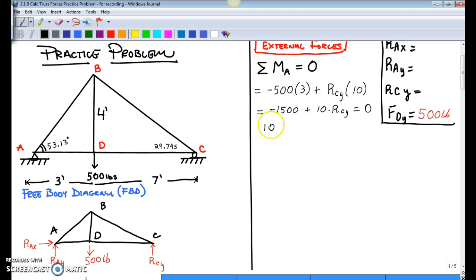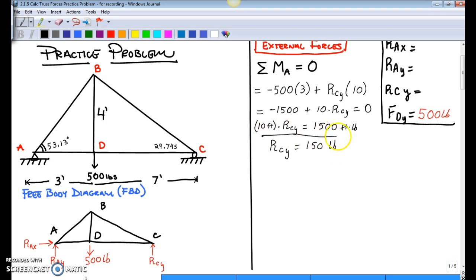So 10 times reaction of C in the y equals, I'm just moving the 1,500 over, so reaction force at C in the y direction equals 150 pounds. This is foot-pounds, and this is just feet. So when you divide both sides by 10, feet divided by feet gives you just units of pounds.